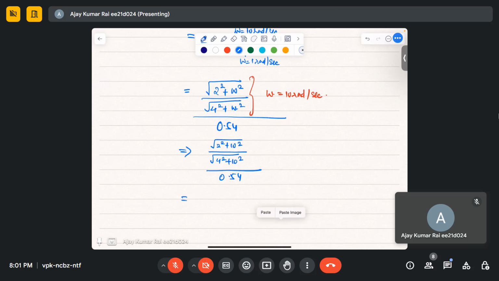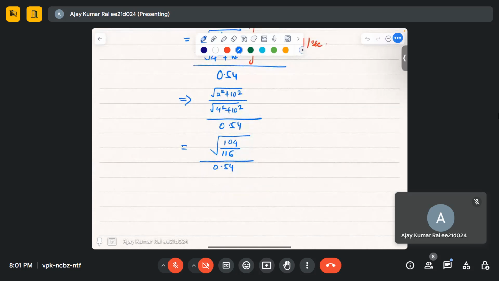If you see this value, 10 square is 100, right? 100 plus 4 is 104, and this will be 116, by 0.54. I'm just writing 0.94 by 0.54.